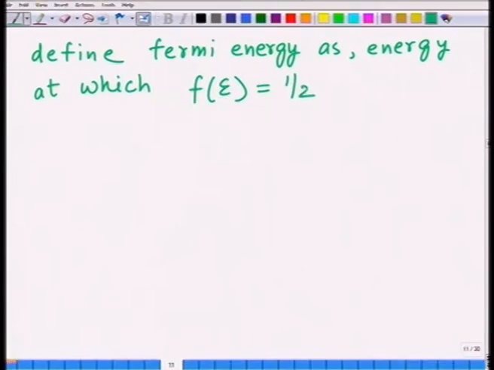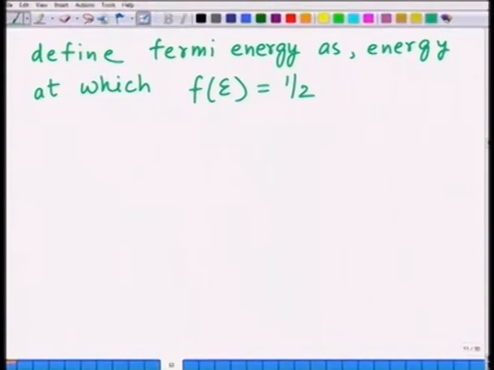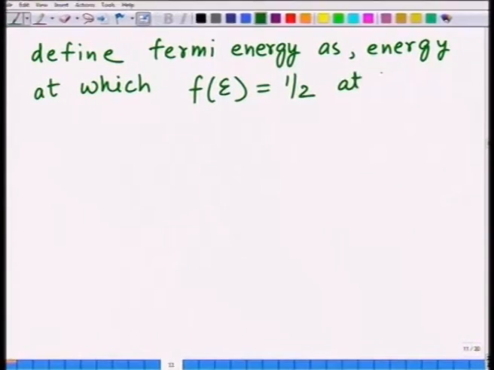So Fermi energy is that energy where the probability of finding an electron is half at T greater than 0 K. That's another way of defining Fermi energy, which will be useful in the context of semiconductors, as you can almost see. If you haven't seen it yourself, I will point it out to you eventually.